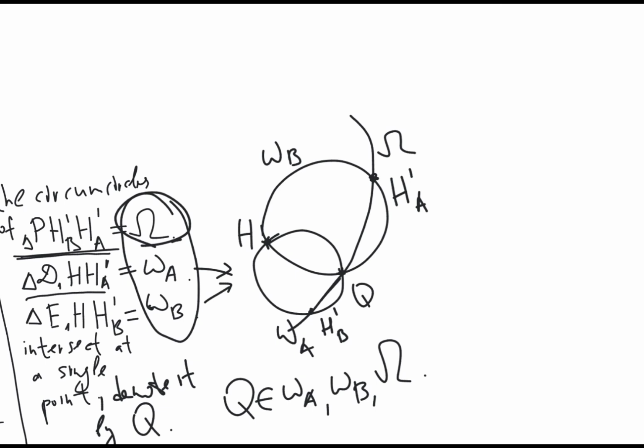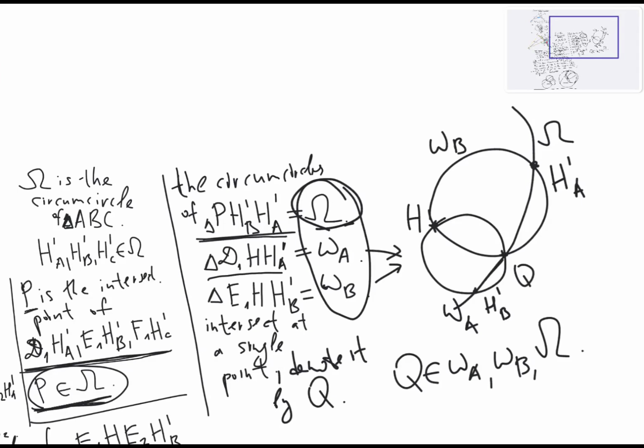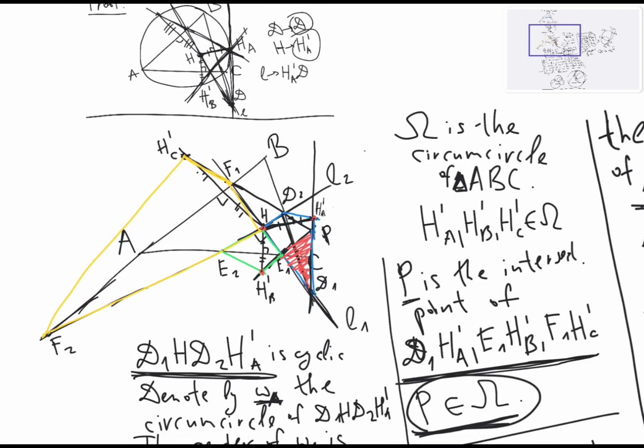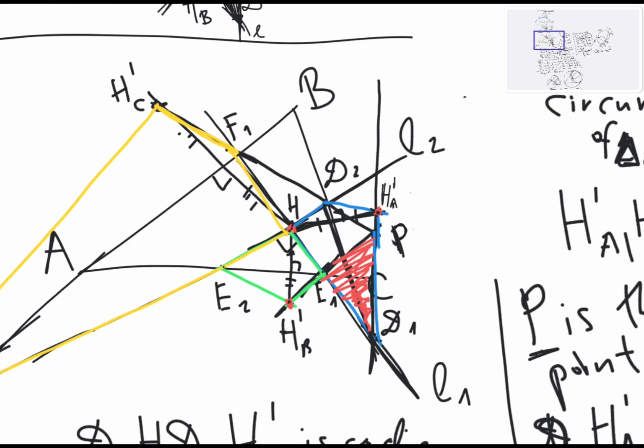Similarly, we construct the same picture for the other circles. Instead of this red triangle, we consider now another red triangle, the triangle P E1 F1.